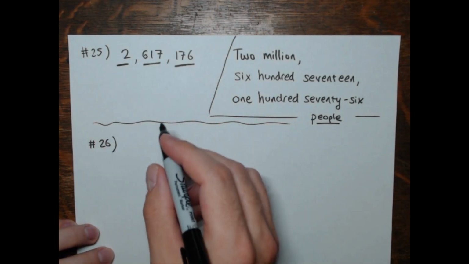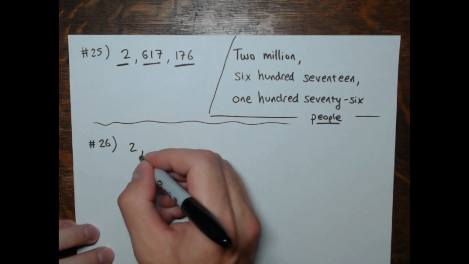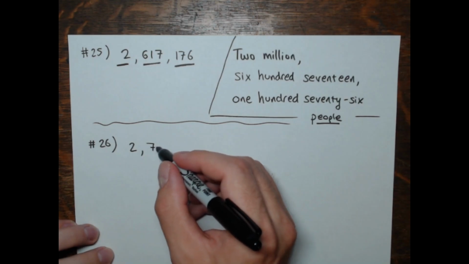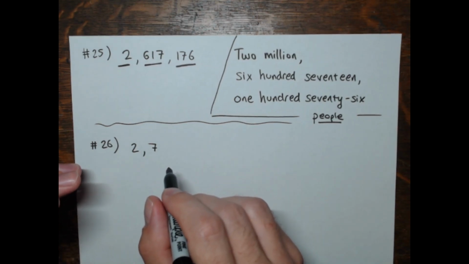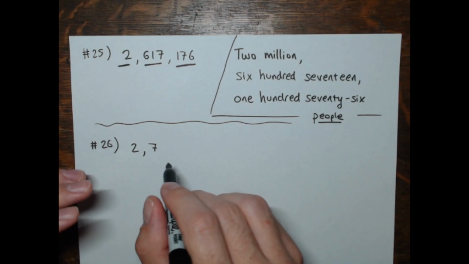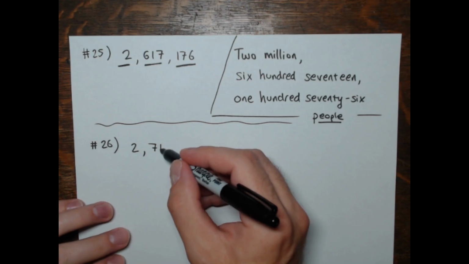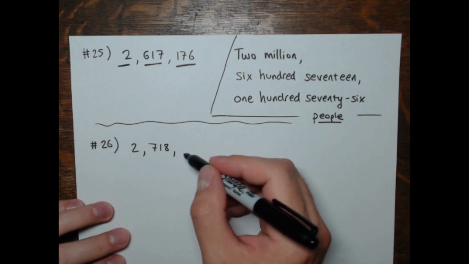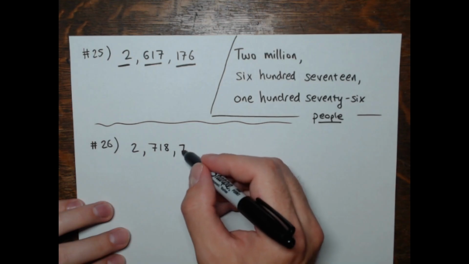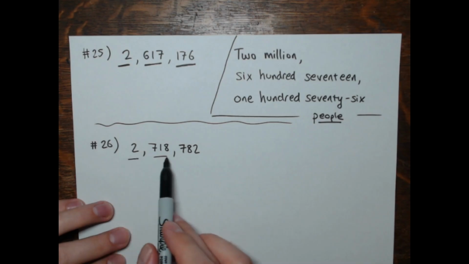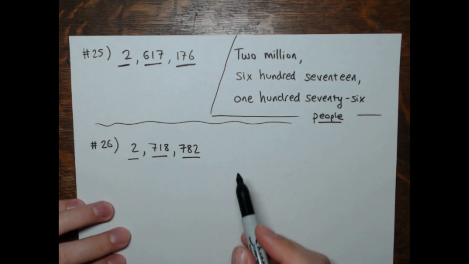That's the whole county, though. This is the city of Chicago. It might be whenever this book was written. It's probably a lot different now. I know this book is a little older, but 2,718,782, and the three periods: millions, thousands, ones.